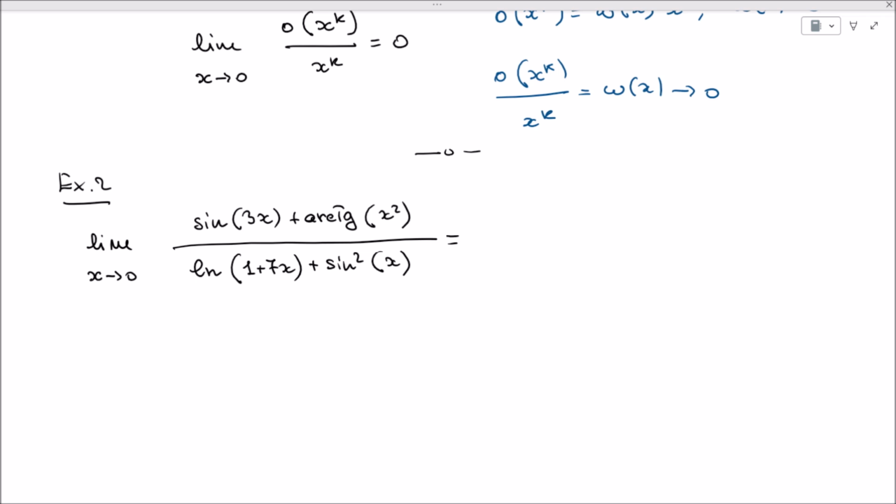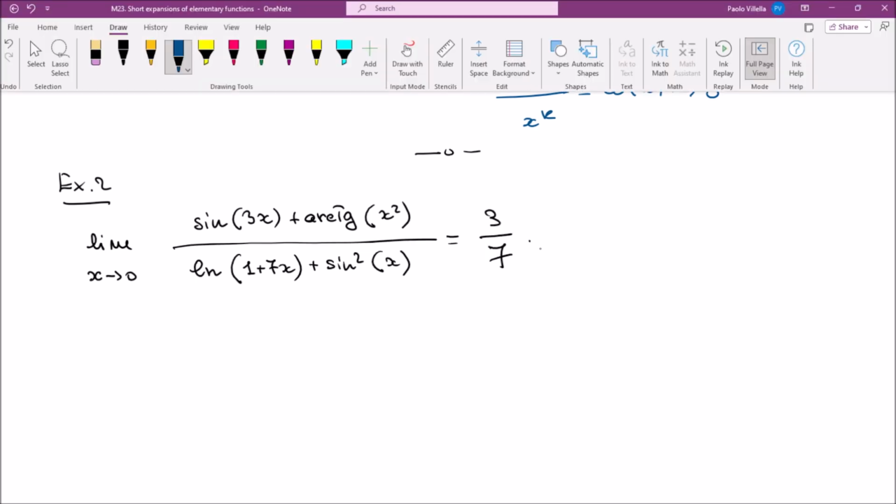But let's now just proceed with the substitution given by the expansions.